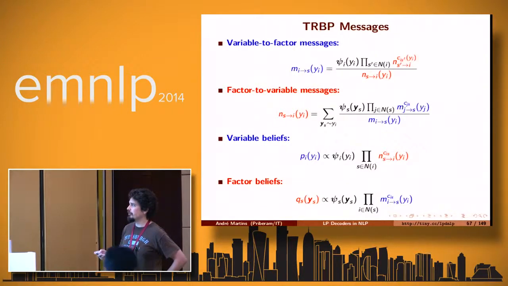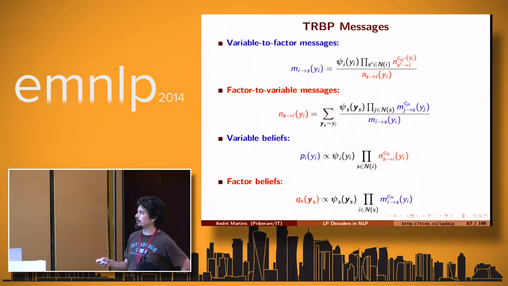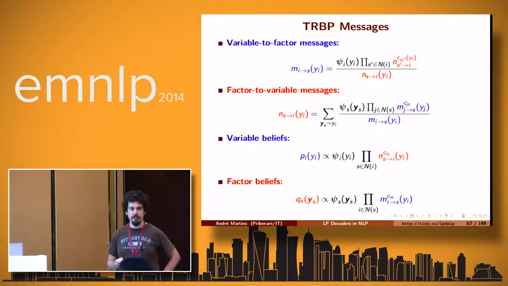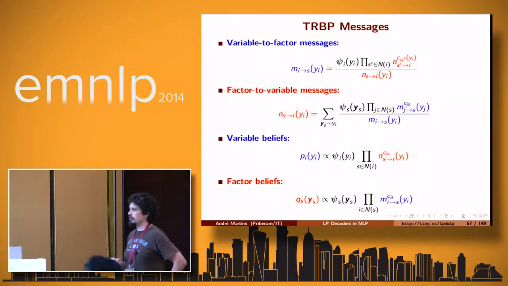And we also have the edge appearance probability exponentiating every message that comes from a factor to the variable. Okay, so again, if this was 1, this term would cancel with this one, and you would recover the standard messages in loopy BP.